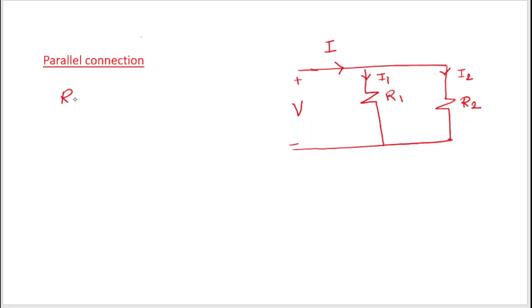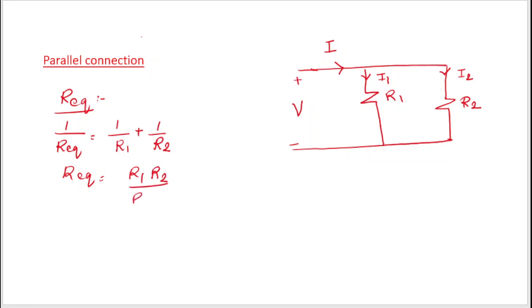Now the equivalent resistance. How to find the equivalent resistance? In a parallel connection, 1 by R equivalent is equal to 1 by R1 plus 1 by R2. This can be written as R equivalent is equal to R1 R2 divided by R1 plus R2.